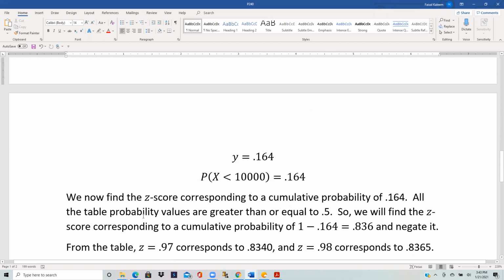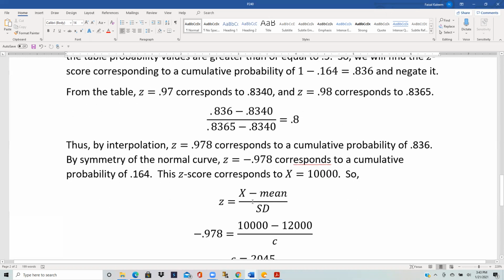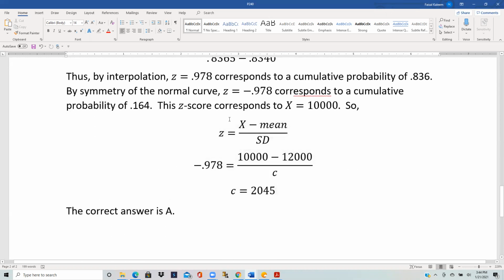So our next step is to find the z-score that corresponds to a cumulative probability of 0.164. Because remember, the eventual goal is to find C, and C is the standard deviation. So in order to do that, we have to use our formula that Z is equal to X minus mean over standard deviation.